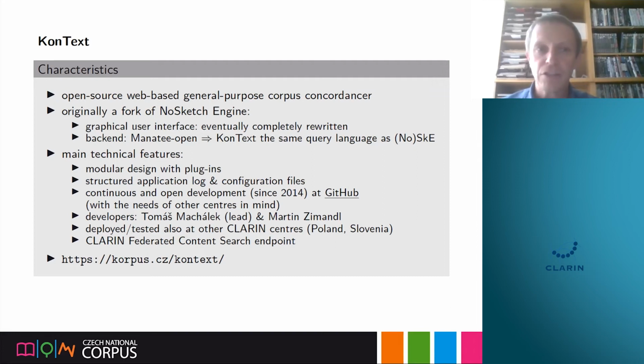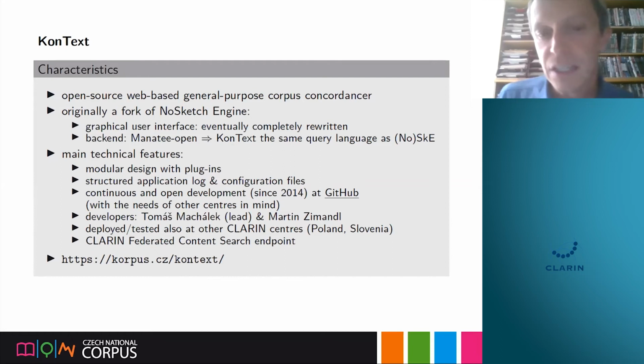So the main features of KonText are that it is developed openly on GitHub since 2014. It is developed by our programmers, Tomáš Machalek and Martin Zimandl. We try to keep in mind the needs of other centers.